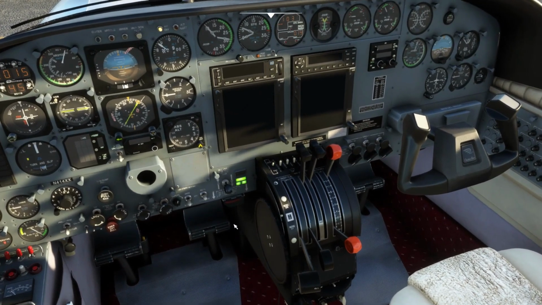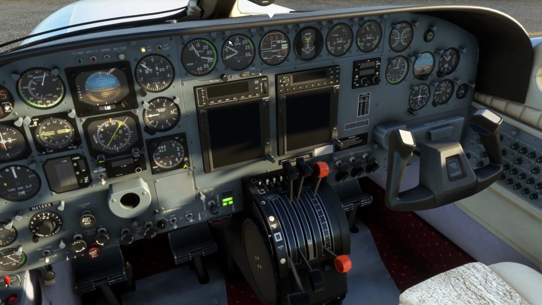Now watch the RPM. It will go over 1000 because this is way too much, so I will have to put it back a little. Okay, I think that's it. 1000 RPM. It creeps up.